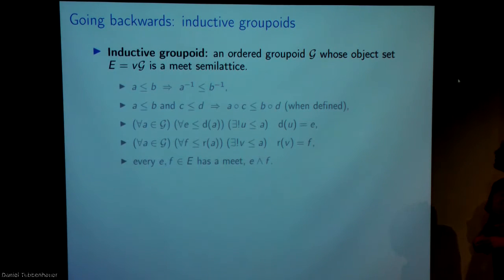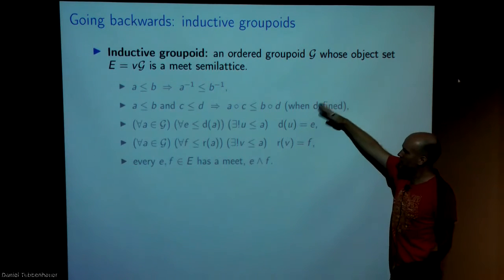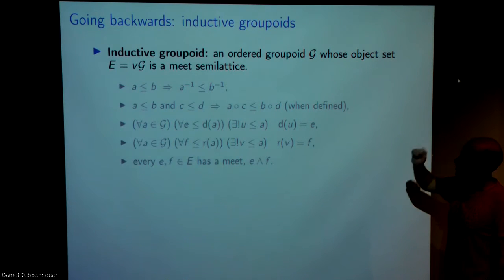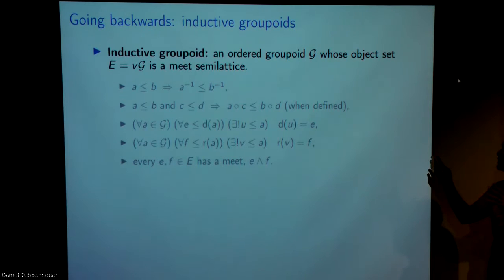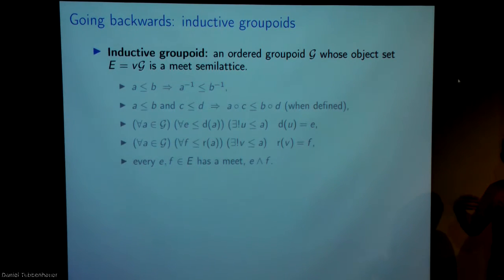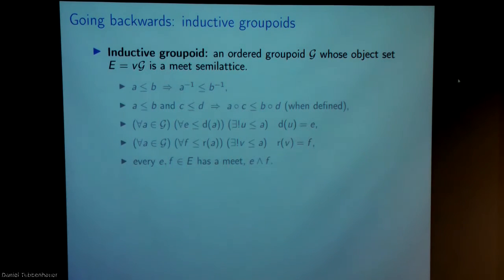So Lawson defines an inductive groupoid to be an ordered groupoid, so a groupoid with an order that respects everything, and whose object set just happens to be a meet semilattice. Start with any groupoid. It's got an object set that inherits a partial order from the groupoid, and if that partial order on the objects just happens to be a semilattice order, then that's what we call an inductive groupoid.